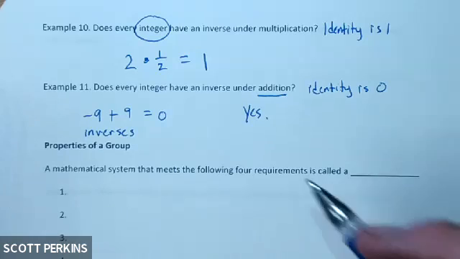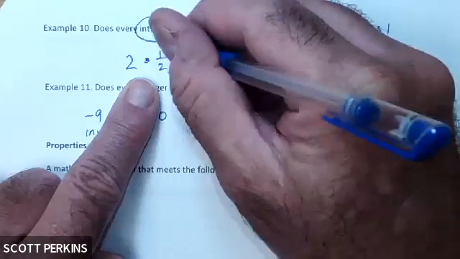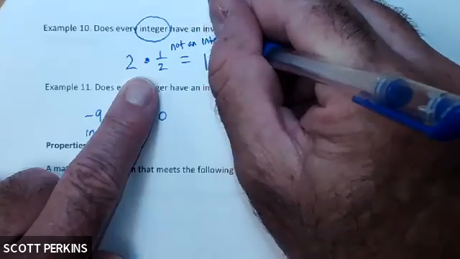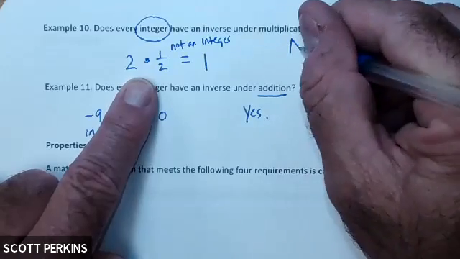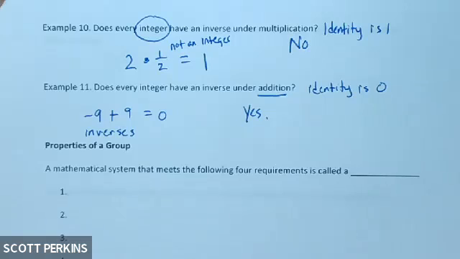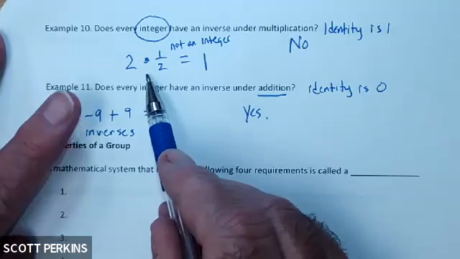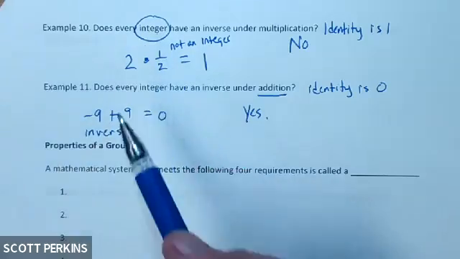But here's the problem. I asked you for the integers. Is a half an integer? No. So this is not an integer. Okay, a half is not an integer. So that's why I'm going to answer this question no. Now, if I talked about the rational numbers, the set of fractions, the answer might be a little different. But these two things, they are inverses. The problem is that the inverse is not a part of the set that we were talking about.